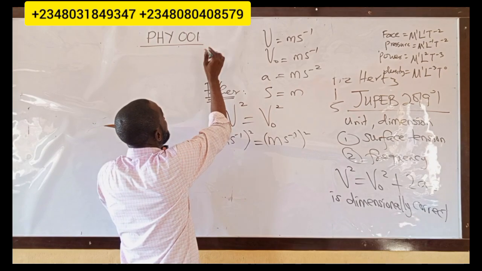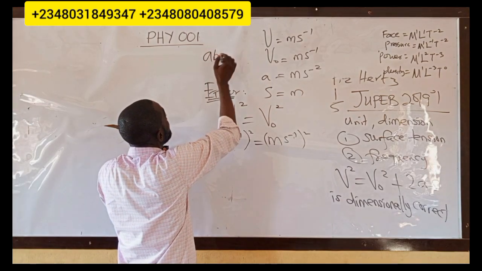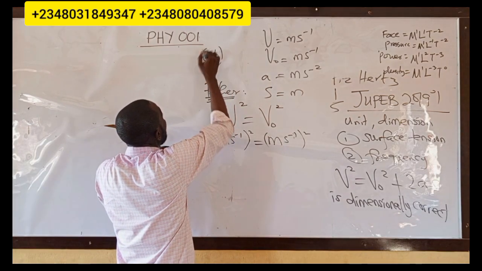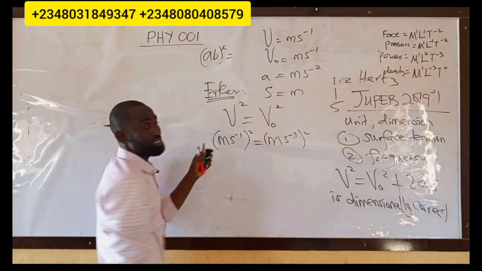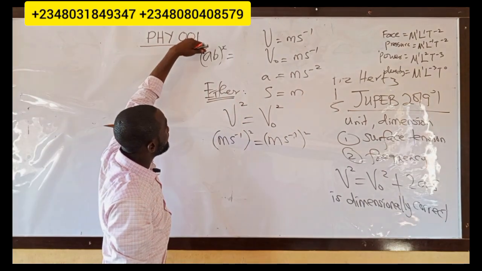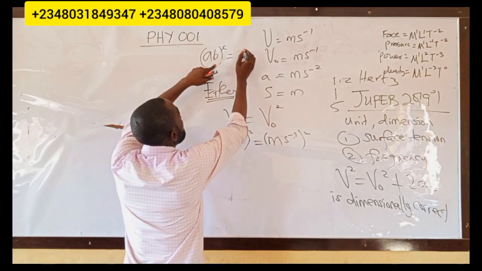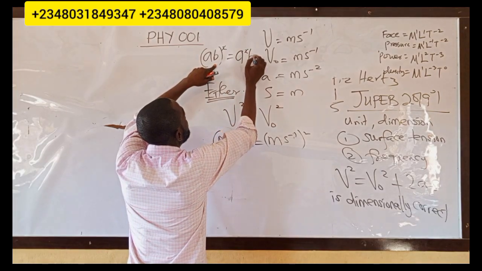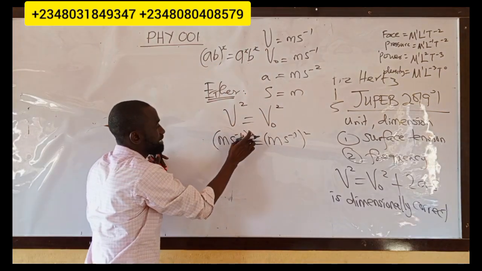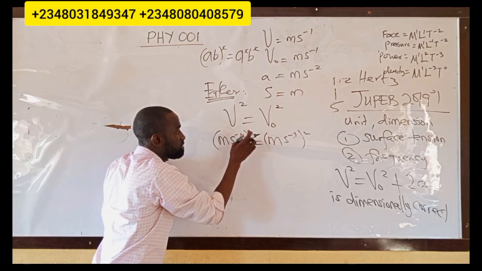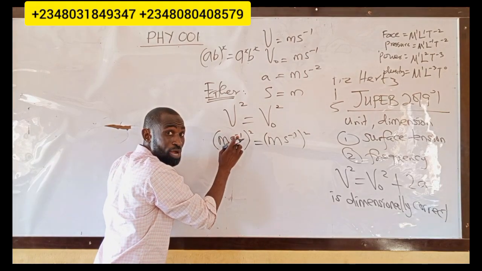Under this rule, (ab) raised to power x means the power affects a and it also affects b, so it is a to the x, b to the x. So the power two will affect M, and it will affect the minus 1 too. Are you with me?